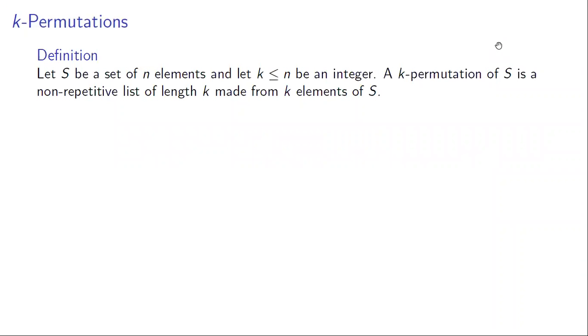K-permutations. So similar idea as a standard permutation. Let S be a set of n elements, and let K, which is less than or equal to n, be an integer.